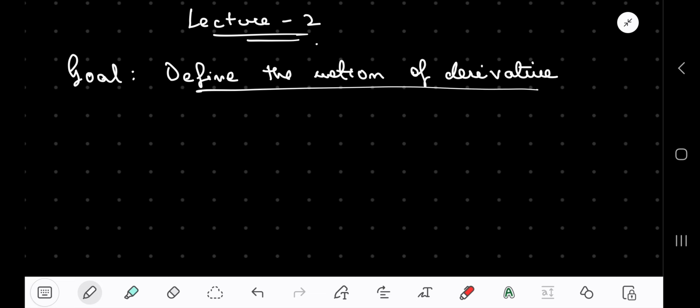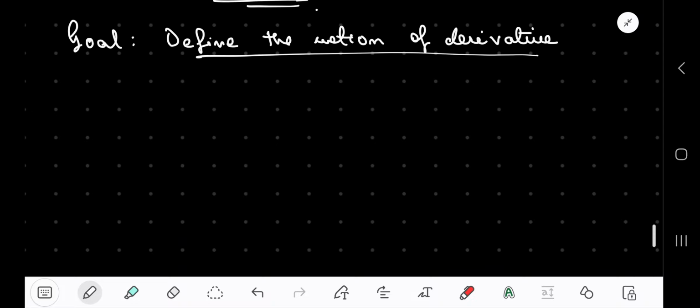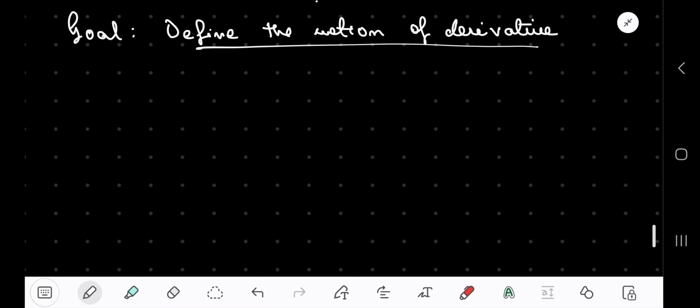Fine. Okay, now before moving on to a general case of defining a derivative for a function from Rn to Rm, let us quickly go back to how we used to define derivatives from R to R, which is the simplest case.